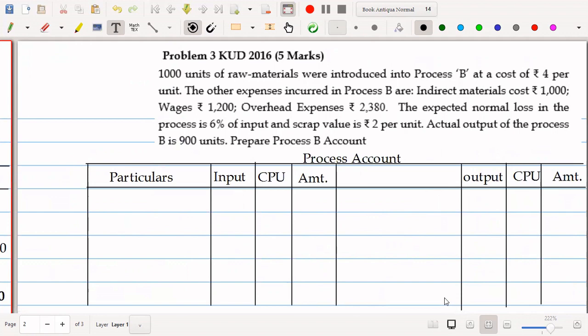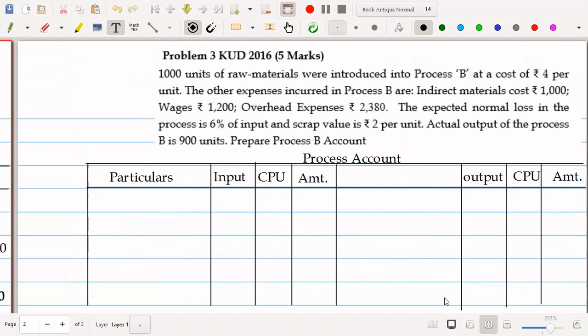1000 units of raw materials were introduced into process B at the cost of rupees 4 per unit. So raw material introduced was 1000 at rupees 4, that is 4000 will be the input. The other expenses incurred in process B are indirect materials rupees 1000, wages rupees 1200, overhead expenses rupees 2380.